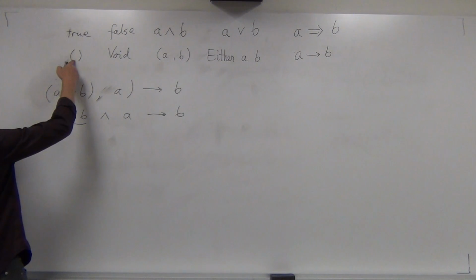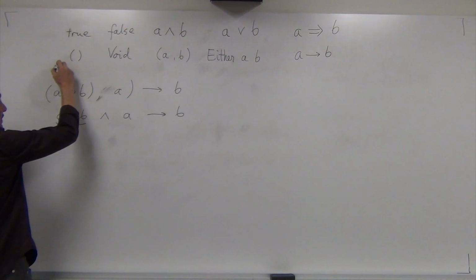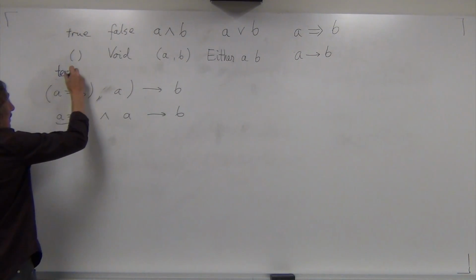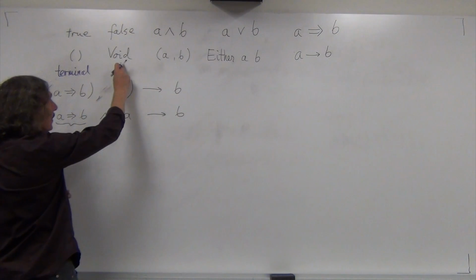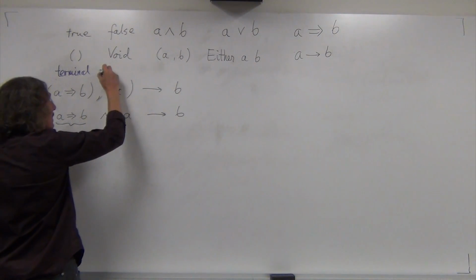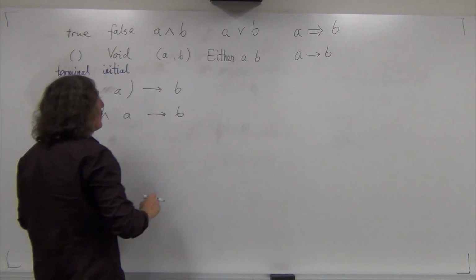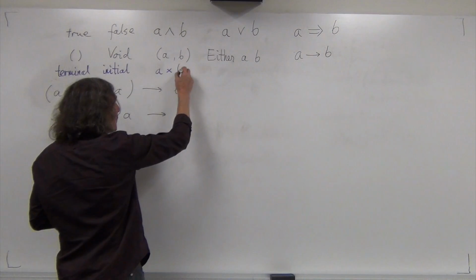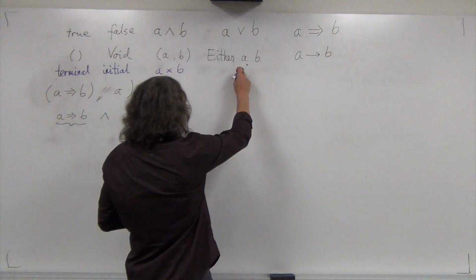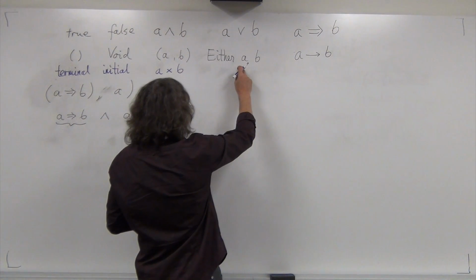True, unit, that was our terminal object, right? Terminal object. False, void. That was our initial object. Right? Pair, that was our categorical product. That was our coproduct.